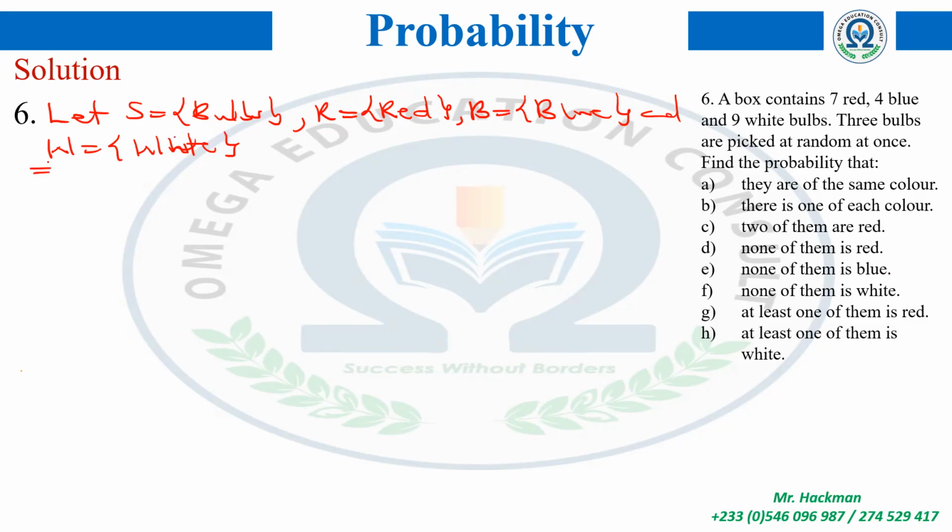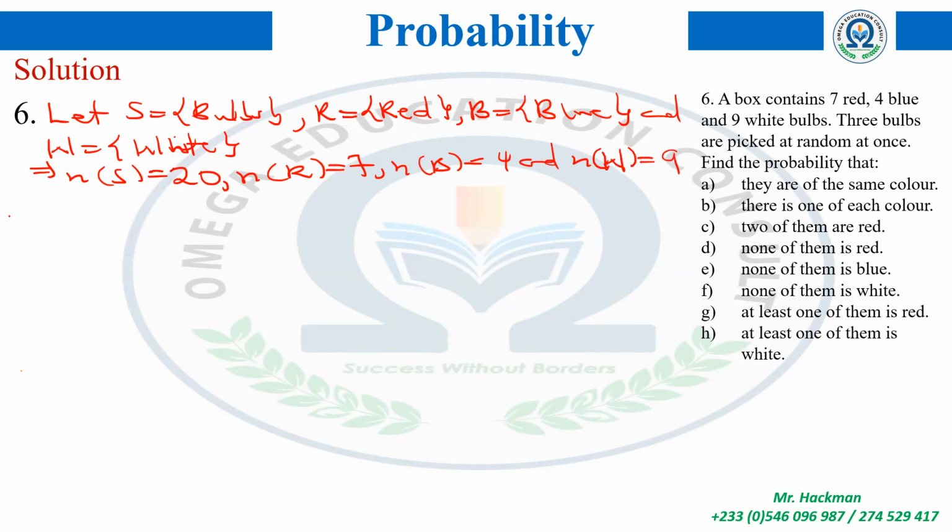This implies that our number of S will be, if you add, this gives us 11, so we are going to get 20. Am I right? Yes. So the number of R, what do we have? 7. The number of B? We have 4. And the number of W? We have 9 of them.